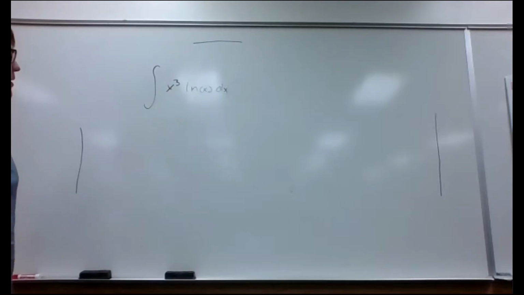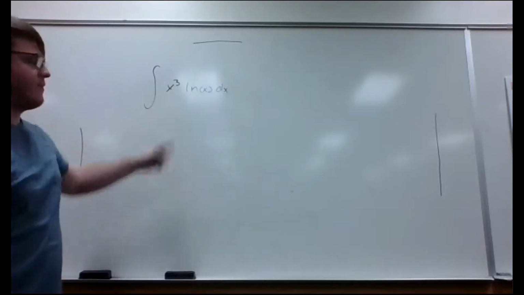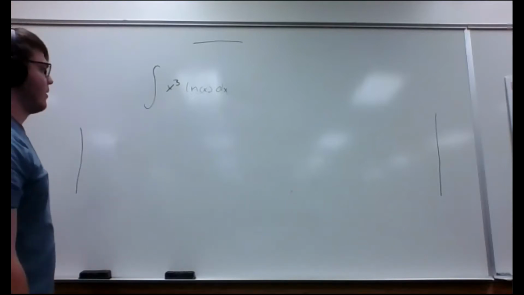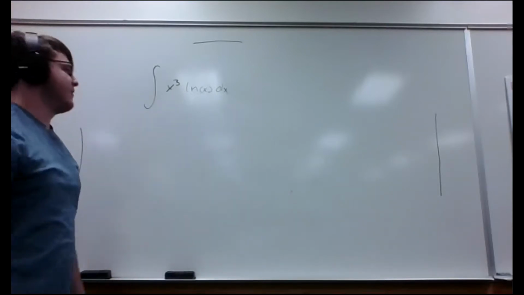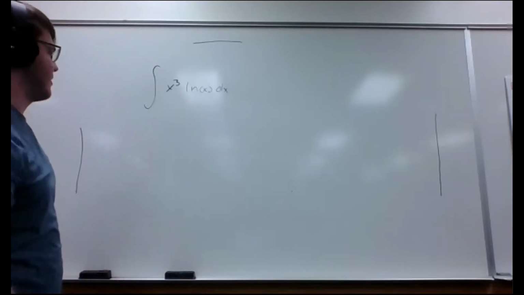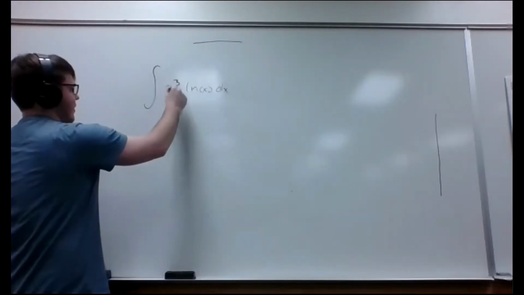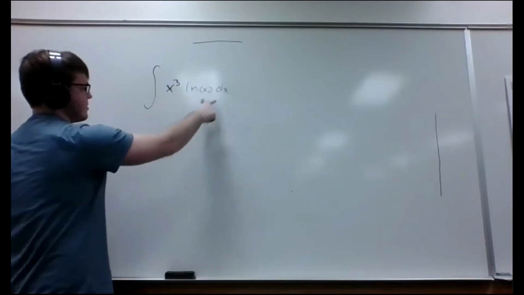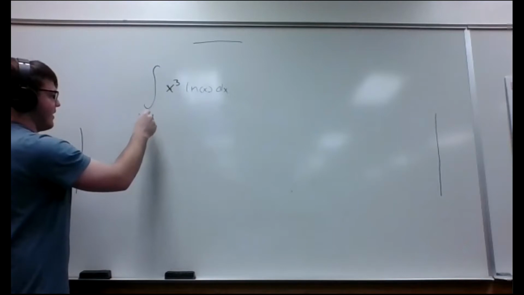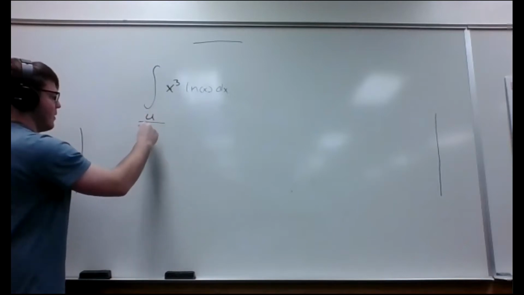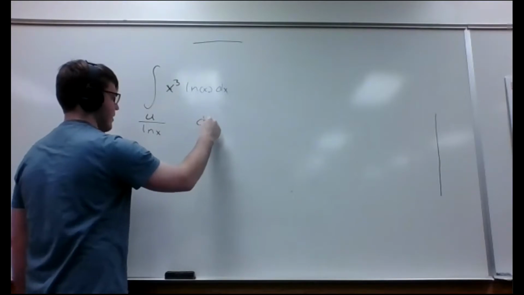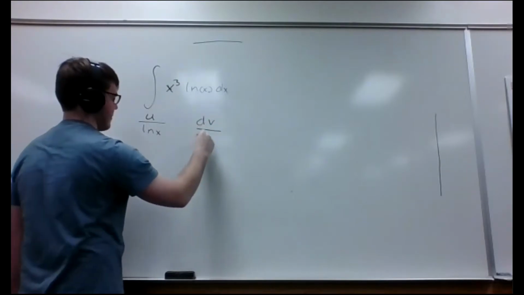Well, I would be inclined to say, oh, look, we have x to the third, let's declare that as u, right? Well, what's the integral of ln of x? You can't really go that way. So every time you see ln in an integration by parts question, you're always going to declare your ln of x as your u. And then our dv is going to be x to the third dx.